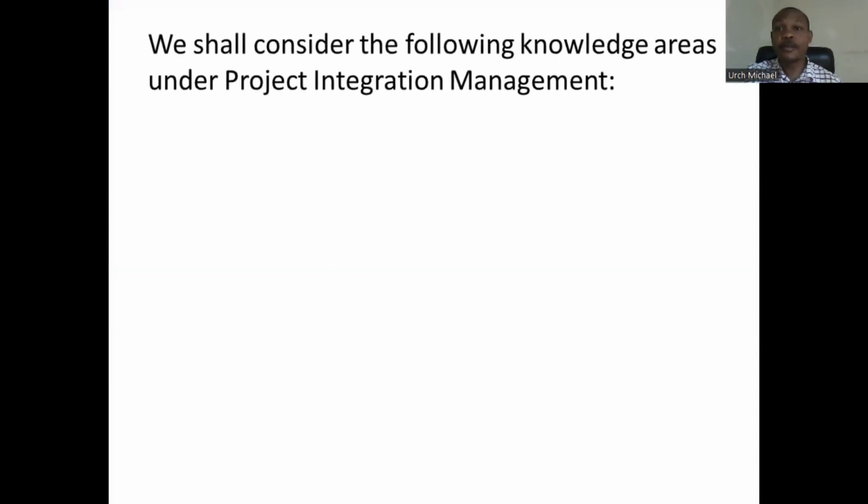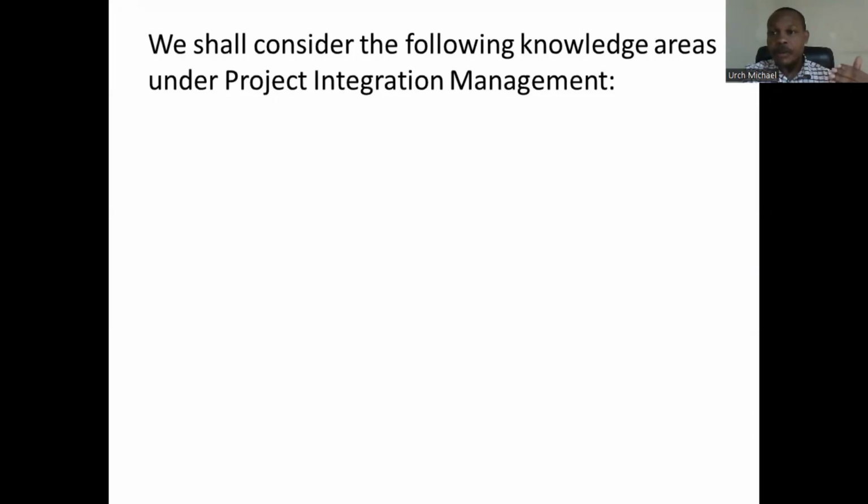So now we shall consider the following knowledge areas under project integration management. Generally, if you've gone through the PMP guide, the Project Management Body of Knowledge, you will understand that we have the basic knowledge areas, and also other knowledge areas under each of the basic knowledge areas.